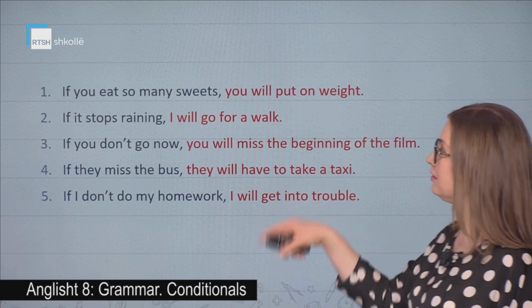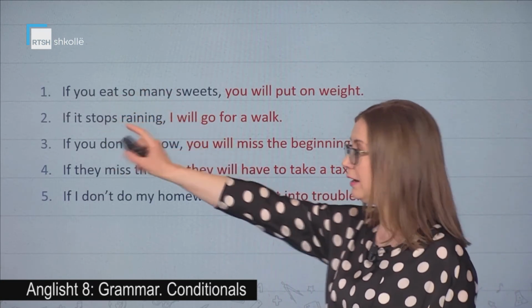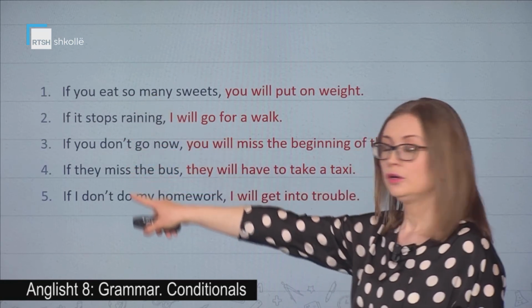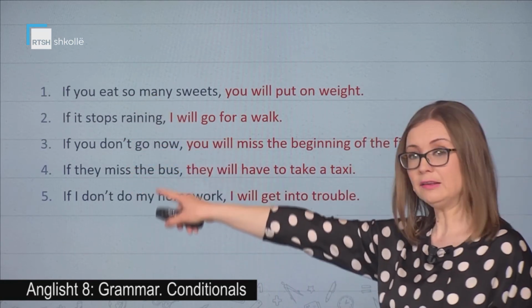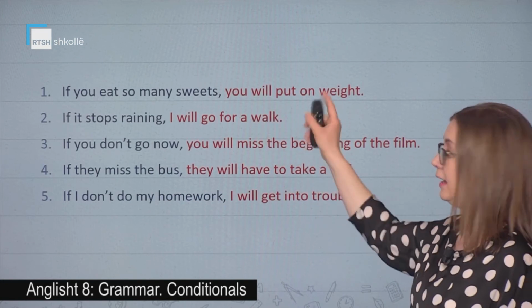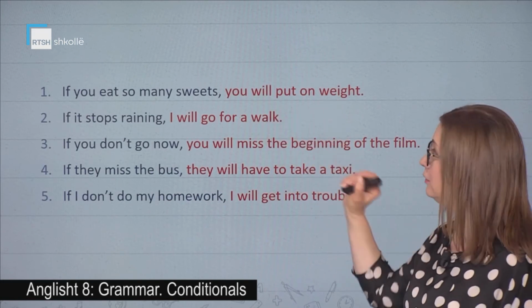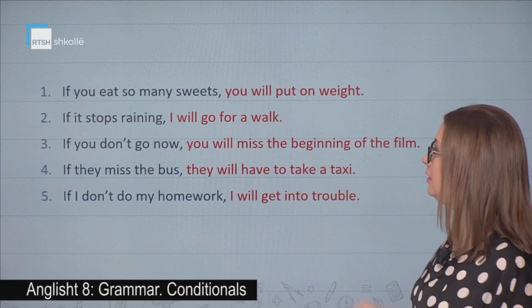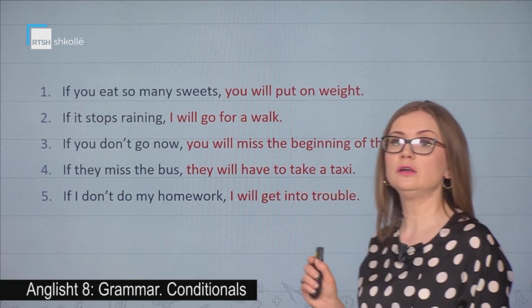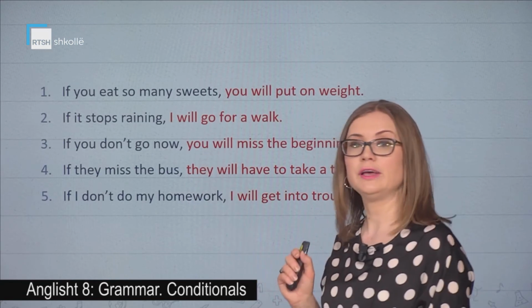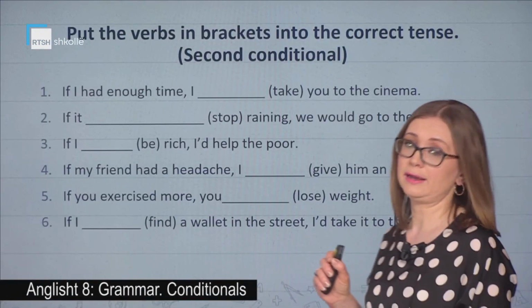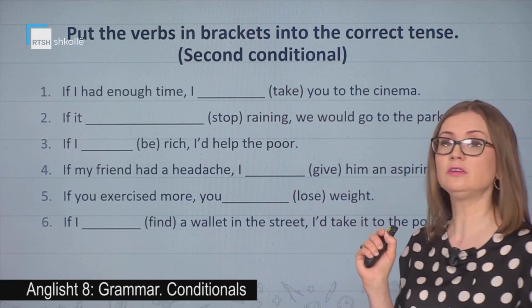So have a look at the sentences. The first part of the clause, the if clause, we have what tense? The present tense. And at the main clause, the second part, we have future simple. So that is how you should fill the sentences given in the exercise. Let's continue with some extra practice about second conditional.